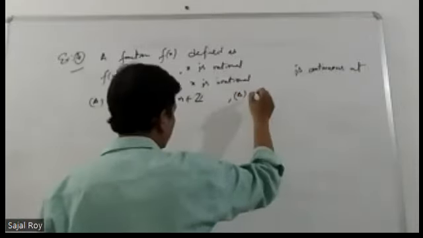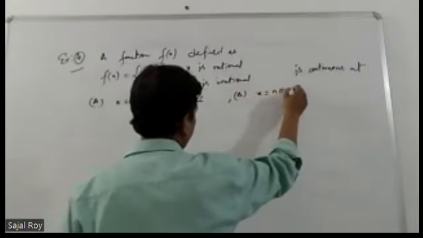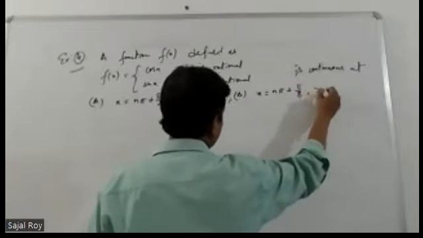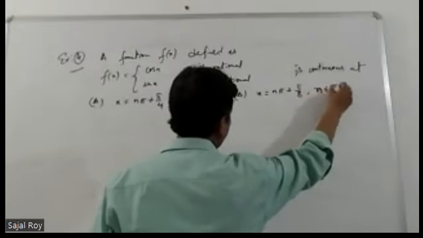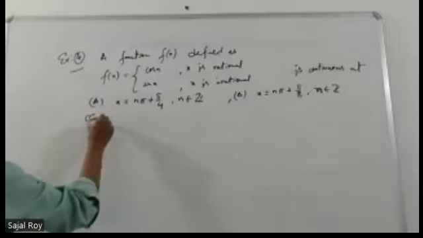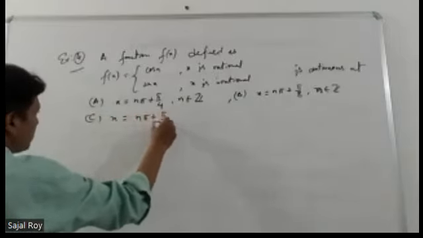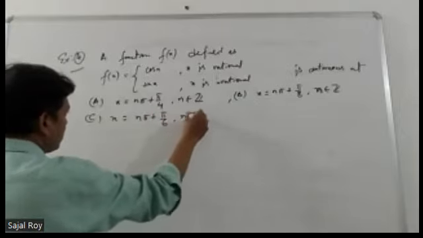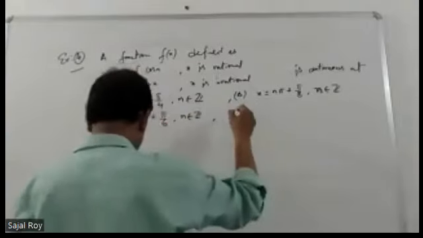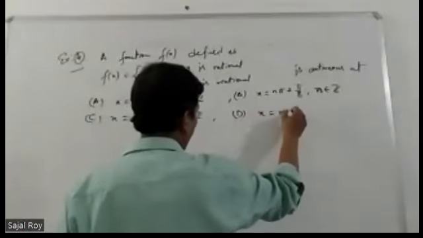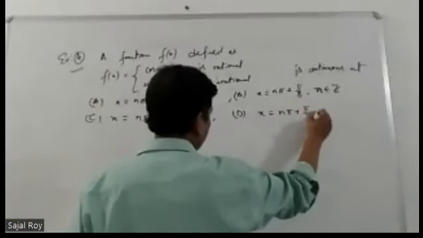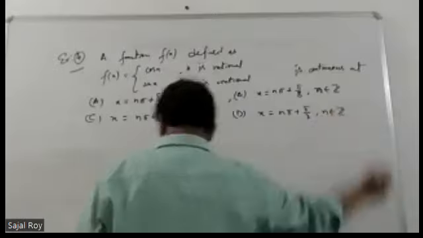Option B, x equal to n pi plus pi by 8, n is an integer. Option C, x equal to n pi plus pi by 6. Option D, x equal to n pi plus pi by 3. Yeah, tell me.